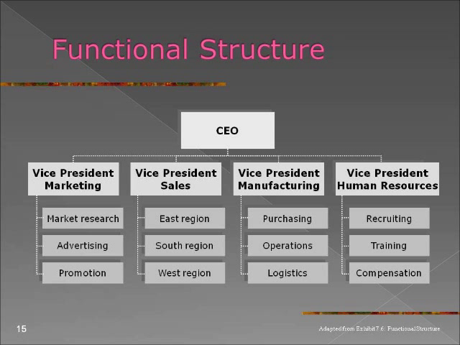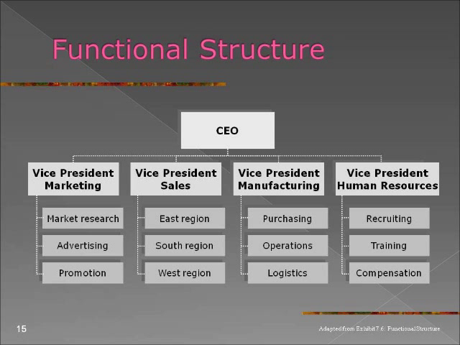In the functional structure, as shown in this slide, the CEO is sitting on the top level of management, and under his chair are the vice presidents of each department. Under the department, there are certain divisions, for instance, in marketing: market research, advertising, and promotion.